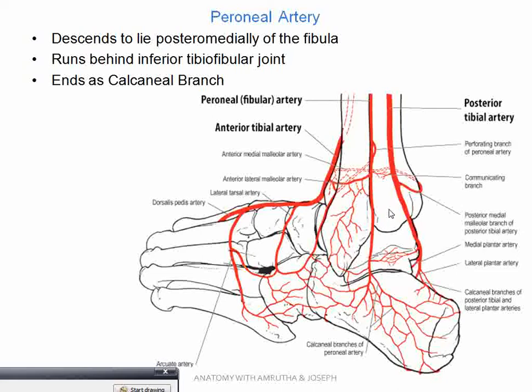The inferior tibiofibular joint is a joint between the tibia and the fibula. So it passes just inferior to that, and it ends as a calcaneal branch which supplies the calcaneum, the lateral aspect of the calcaneum and the foot region.